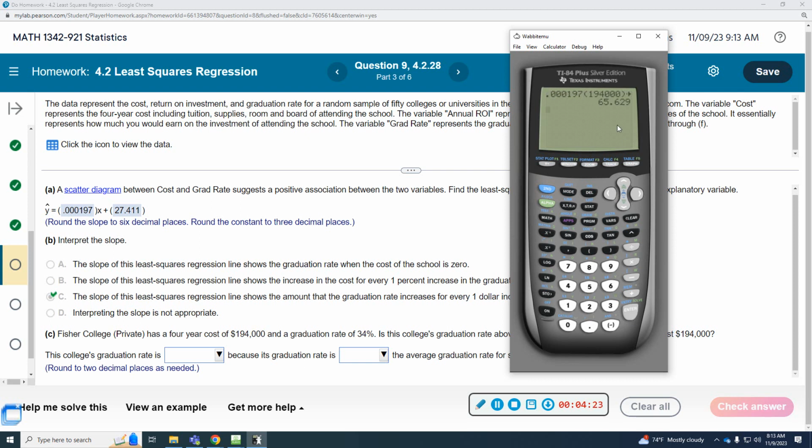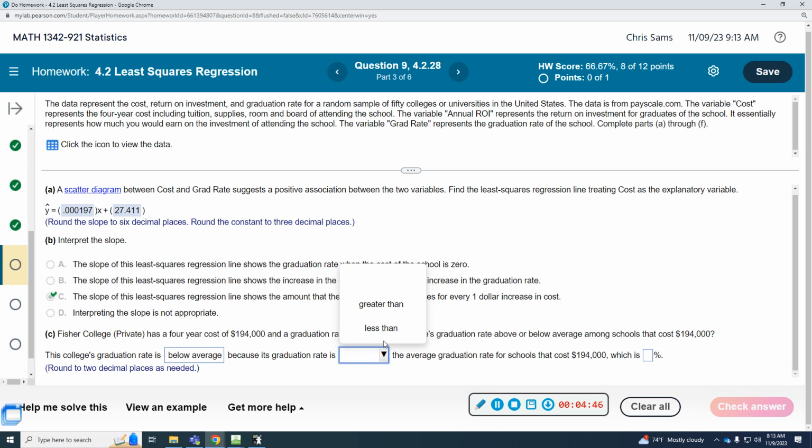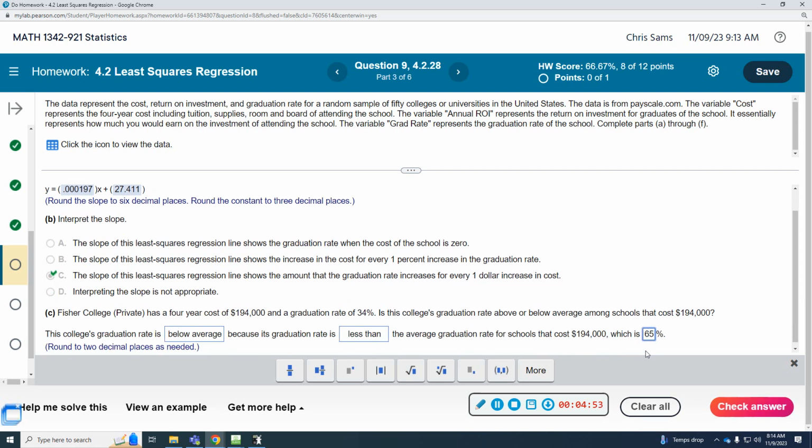Okay, and this gives us a rate of 65%. So we want to round to 2 decimal places, so we get 65.629. The 9 will round that up, so 65.63. So this college is going to be below because its graduation rate is less than the average, which is 65.63.